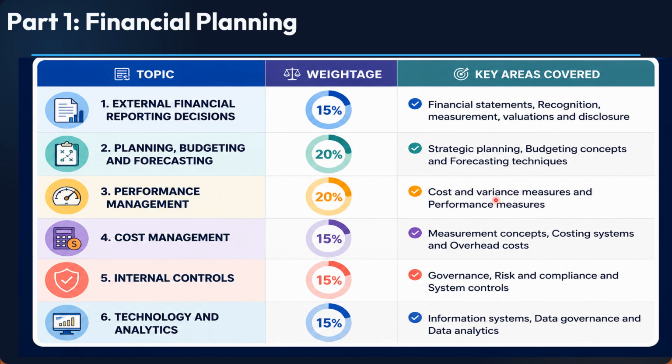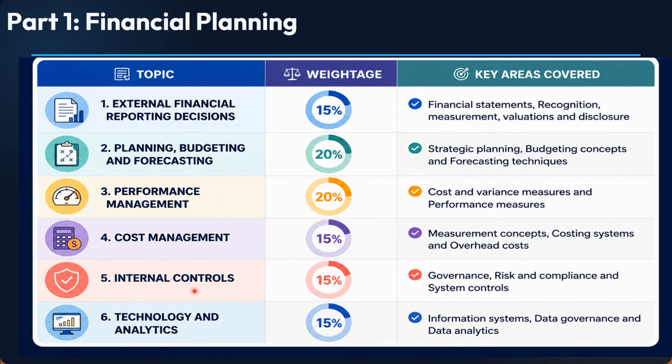Here you learn cost and variance measures and the performance measures like the KPIs, the balanced scorecard, etc. Next comes cost management, 15% weightage. You learn all the measurement concepts, the costing systems like absorption costing, variable costing, job costing, all that. And you learn about how to allocate the overhead cost, service cost allocation, etc.